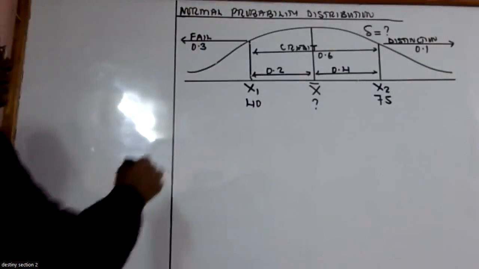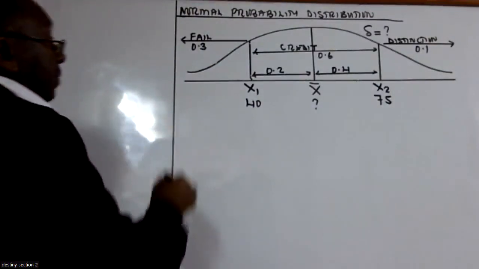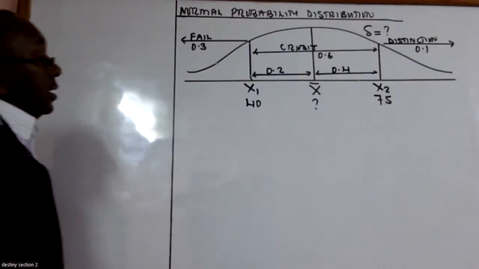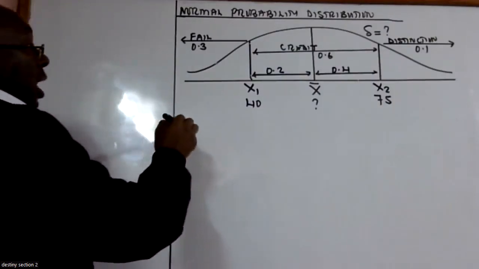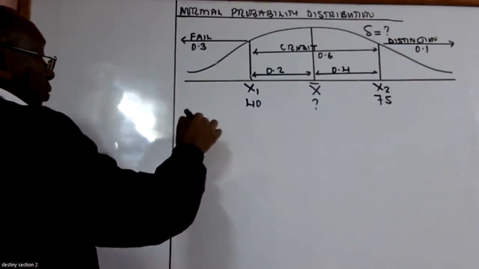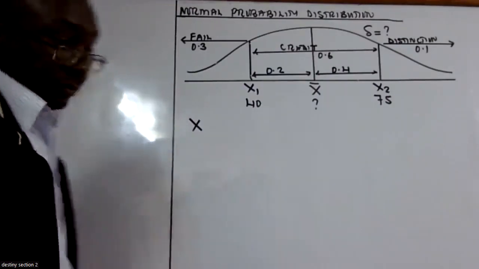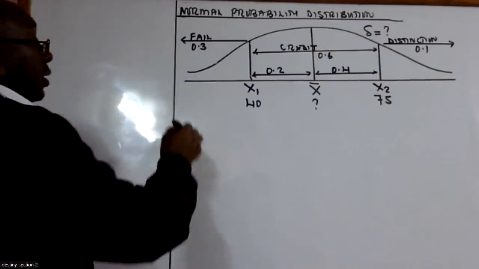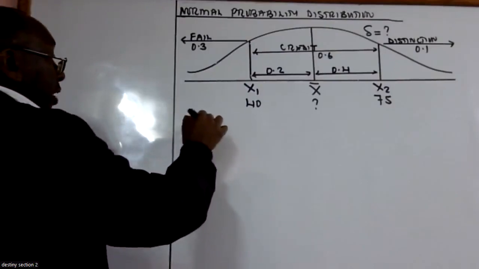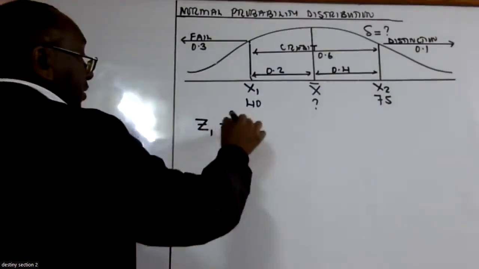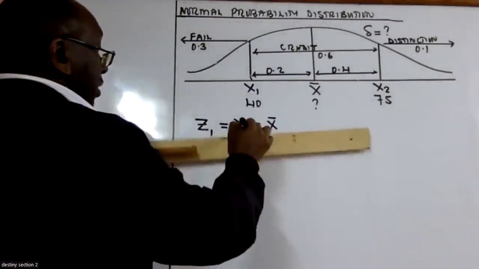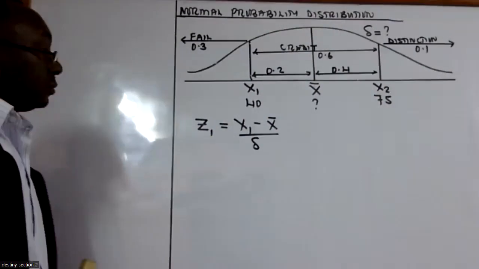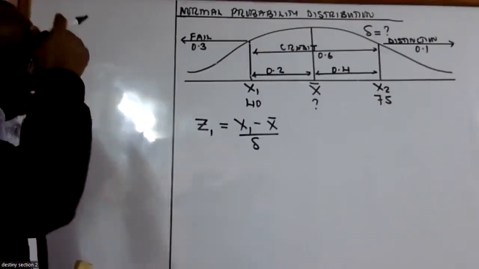So at that juncture now, I can come here and say that Z1 will be given as X1 minus X bar divided by standard deviation.